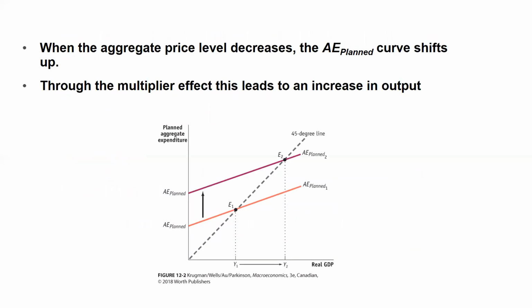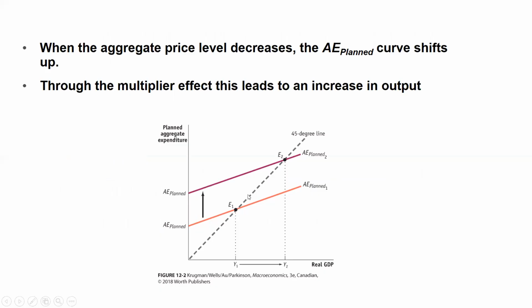And so we can see here from our model, remember our equilibrium, we started at the original equilibrium point E1. This is the planned aggregate expenditure curve, and where that intersects the 45-degree line, that's our initial equilibrium. Now let's suppose that the prices in the economy go down.